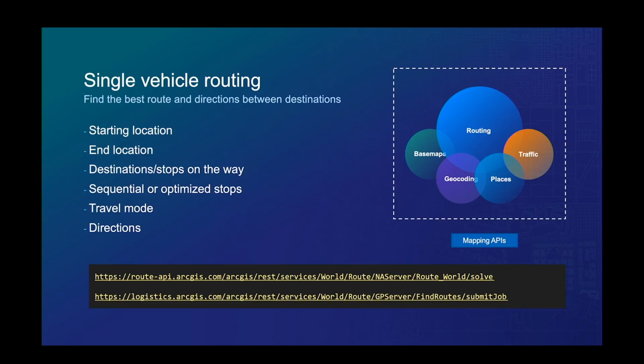Right, absolutely. And for larger requests too. If I have hundreds of thousands of stops I want to get to, that could take some time to process. So we could send a job request to it, let it work on it, and then our app can go do other things. And when it's done, we'll be notified and we can add the results or do something more with the results once they're there.